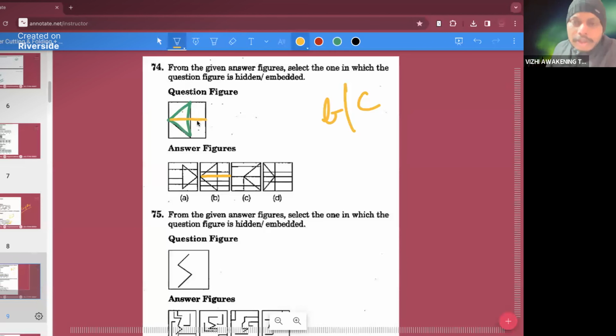This yellow line. Whatever is inside this box needs to be taken care of, right, guys? So you have to be very, very careful. It's easy, but the easiest one can be a trap as well, right, guys? Shall we move?